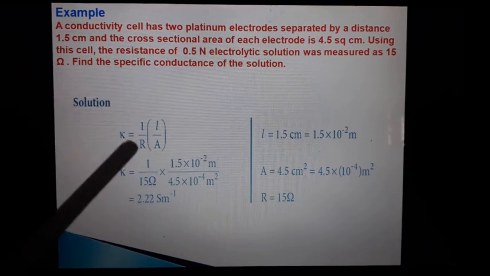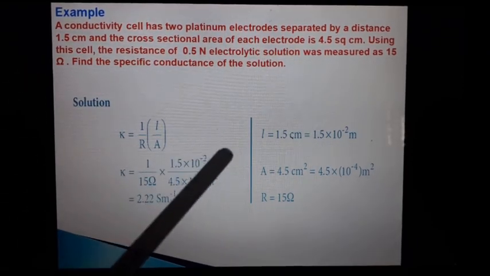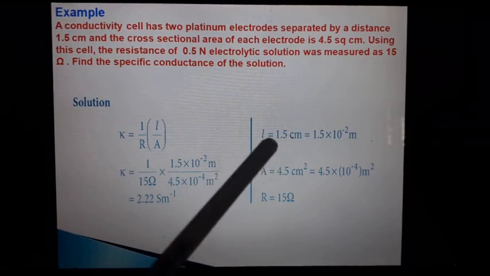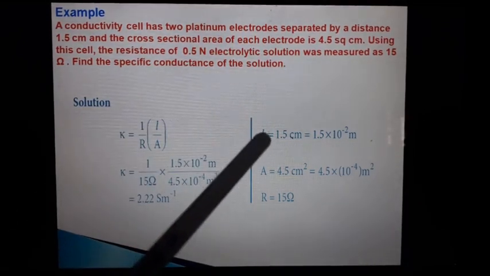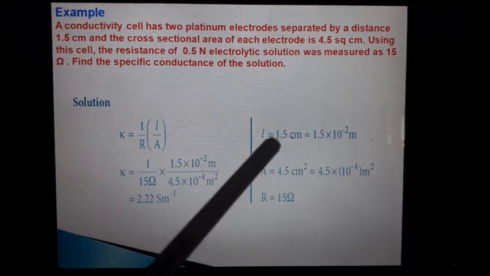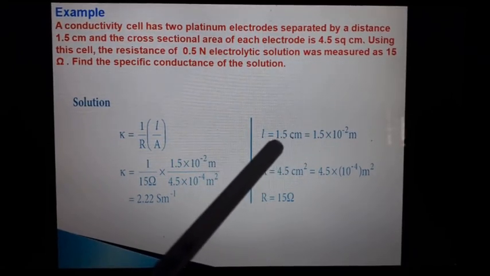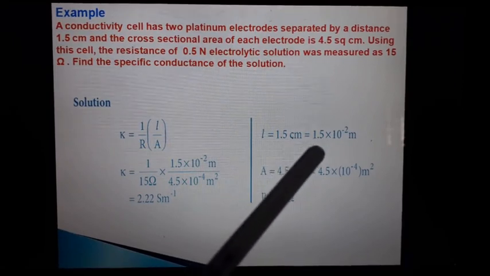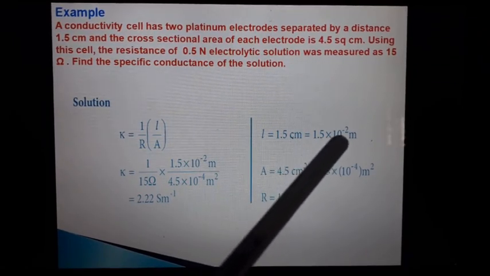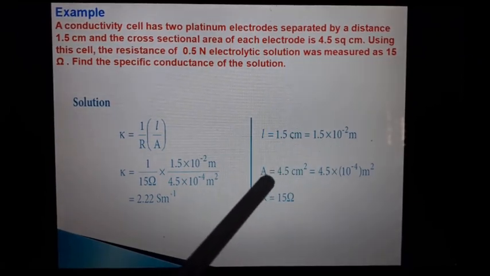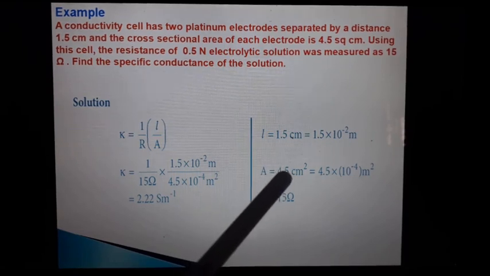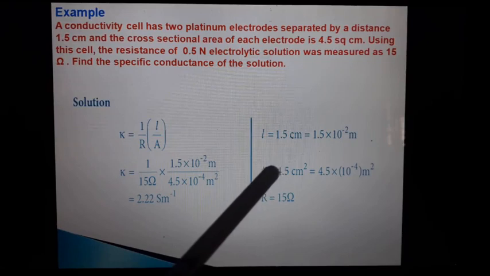Now I will explain the solution. In this problem, write the given data. L is equal to 1.5 centimeter; converting to meter, 1.5 divided by 100, that is 1.5 into 10 to the power of minus 2 meter. Next, the cross-sectional area A of the electrode is equal to 4.5 square centimeter.